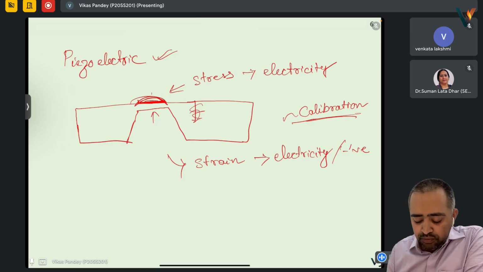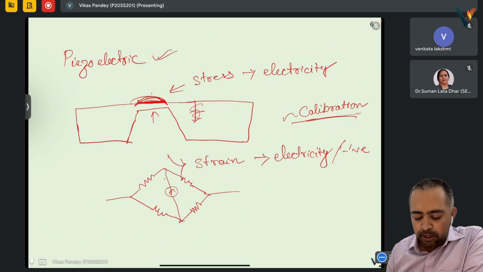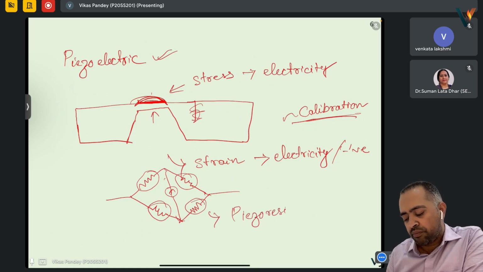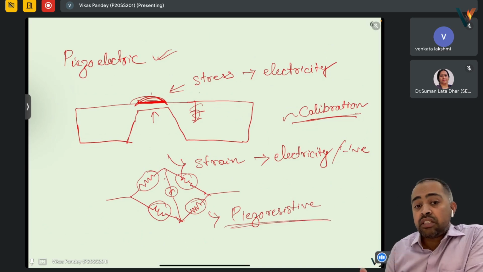Remember, there were four resistances in a Wheatstone bridge configuration, and there was no current through it when it is fully balanced. Now, when these four resistances are replaced by piezoresistive materials, that means when there is a change in stress or strain, very similar to this, the resistance will change.